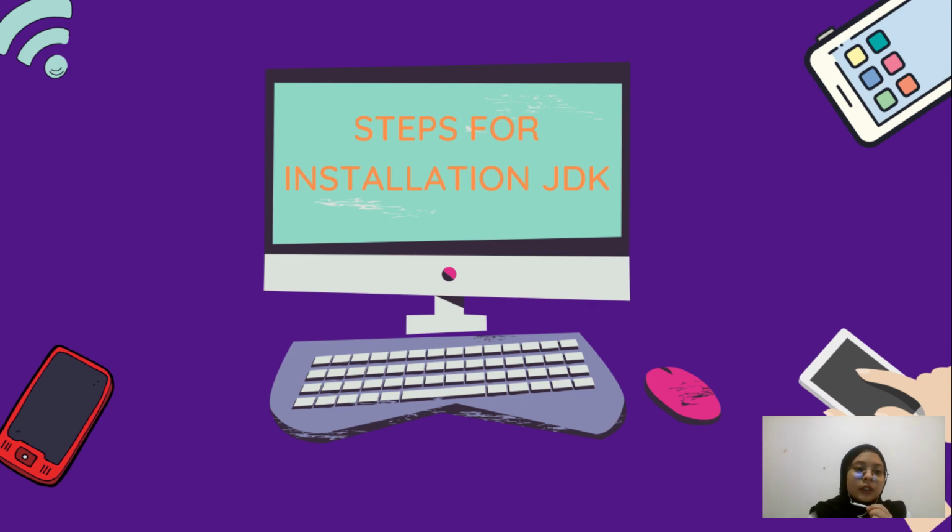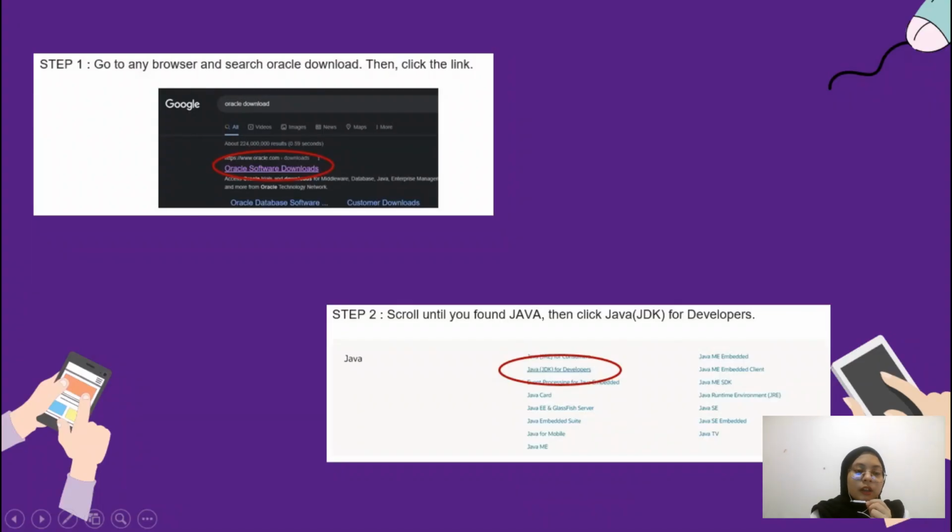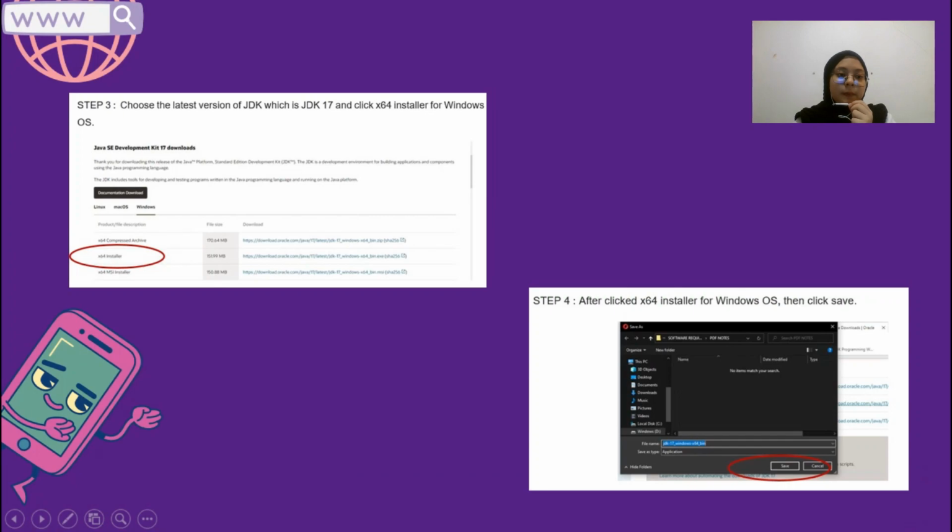So now I will talk about steps for installation of JDK tools. Step 1, go to any browser and search Oracle download, then click the link. Step 2, scroll until you find Java, then click Java JDK for developers.